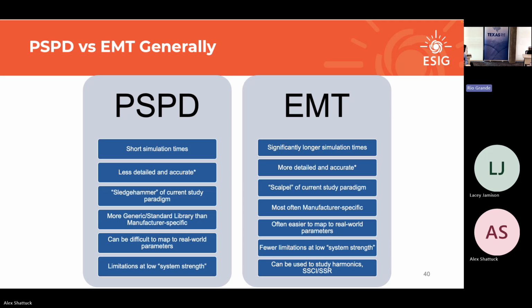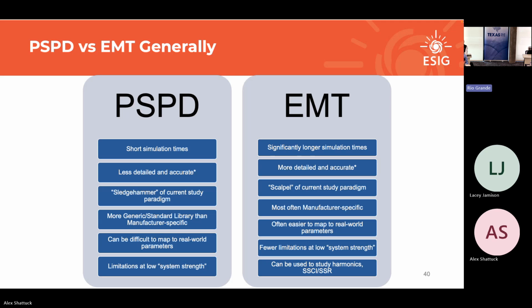System strength is a big one. We talk about screening, and we have a session on weak grid studies. But as we transform, the grid's getting weaker, weaker in quotes, depending how you want to define that. And as the system gets weaker and the system strength is lower, you really hit the edges of what PSPD can physically do in the simulation domain.